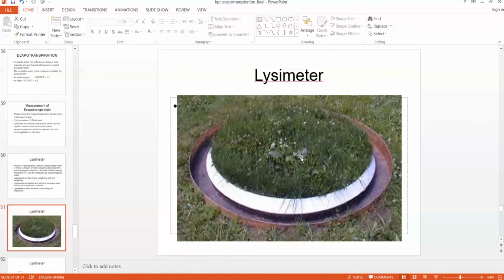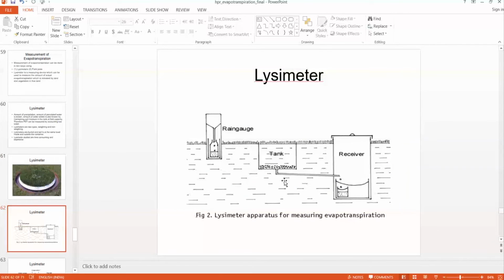But the water is transpired by this grass, so there is a reduction in water day by day. By weighing this container, we can find how much water was lost by transpiration. So this is a typical schematic of a lysimeter.